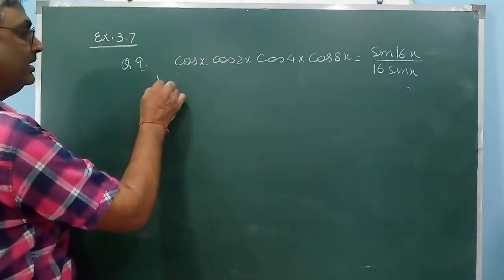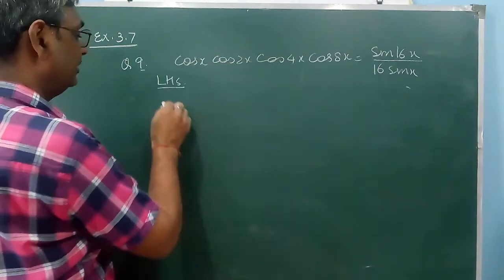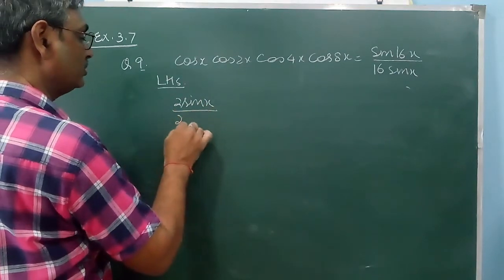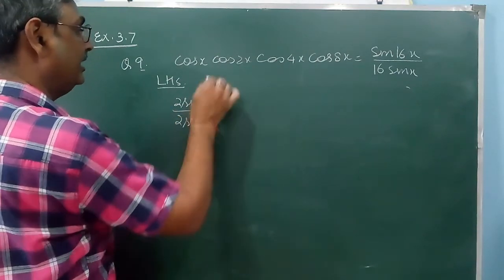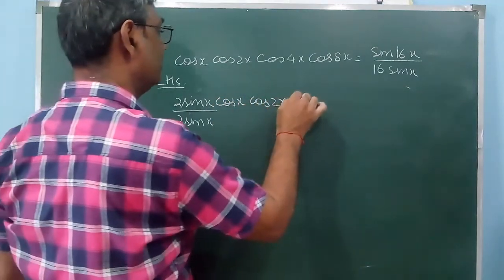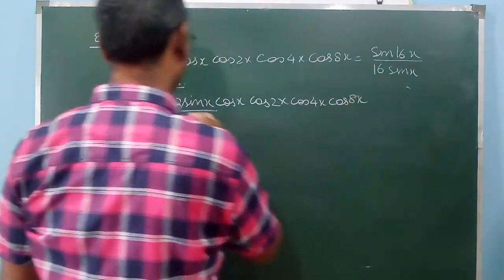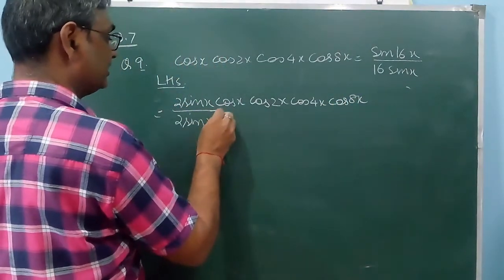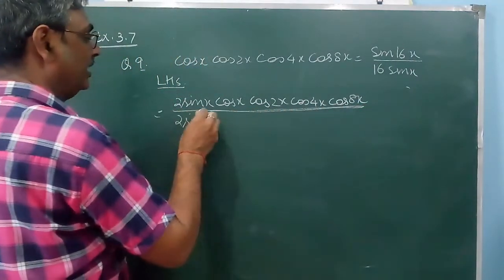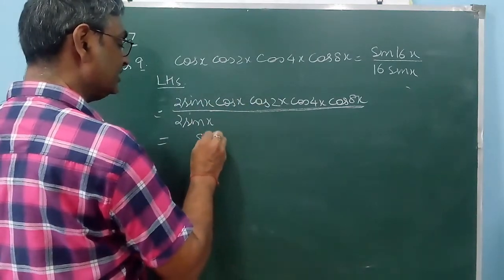So we can do one thing here, we can write LHS and here we can multiply with 2 sin x and divide by 2 sin x, and here rest we can write cos x, cos 2x, cos 4x and cos 8x. Now this, or I can put this one like this, 2 sin x cos x, 2 sin x cos x is how much? Sin 2x.